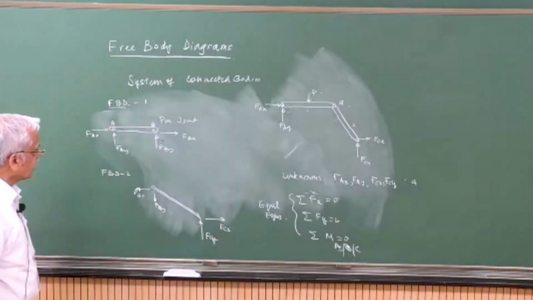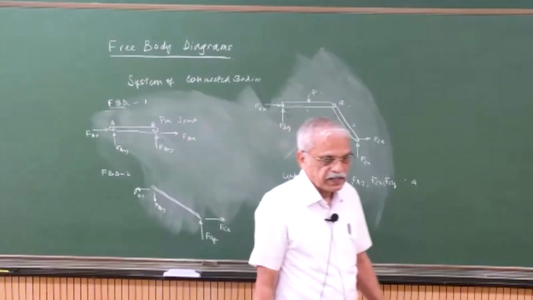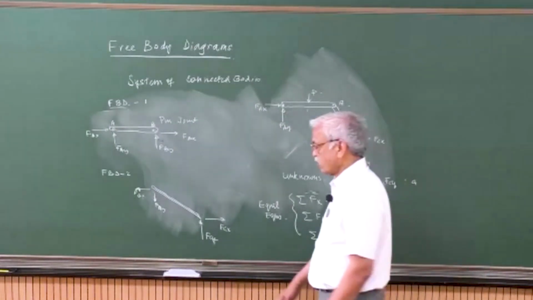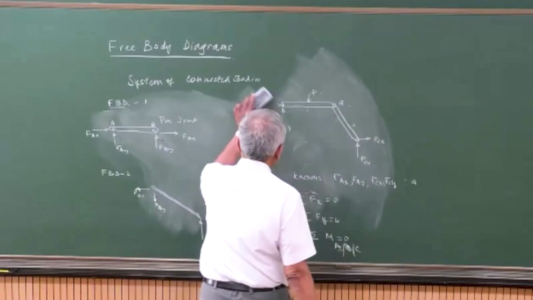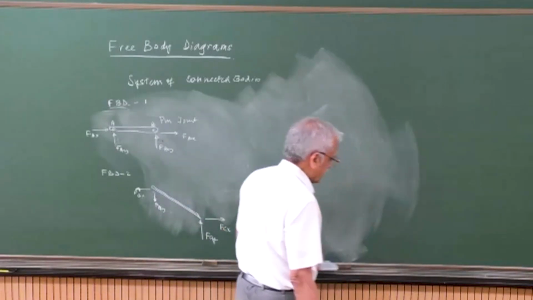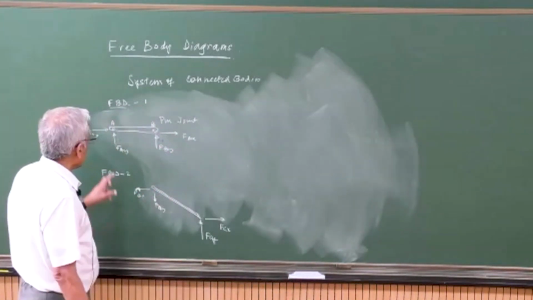okay, so now we have drawn the free body diagram. Now you are able to solve for the unknowns. So you count the unknowns and the number of equations available to you. If you count the number of unknowns, obviously you have introduced 2 unknowns here, Fbx and Fby.